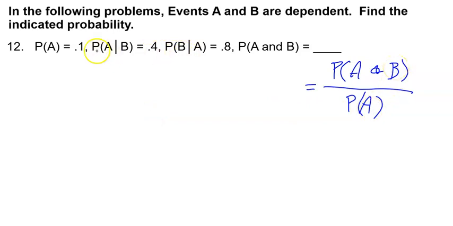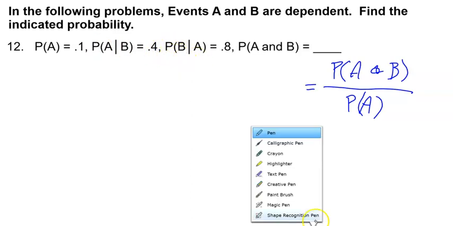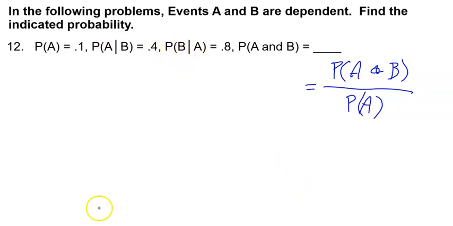Which of these two says A has already happened? That's right. That one says A has already happened. So I'm going to put that here. The probability of A and B goes on top, and the probability of A is on the bottom. Notice I didn't need that piece of information.